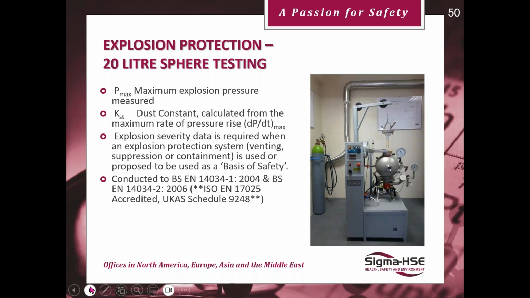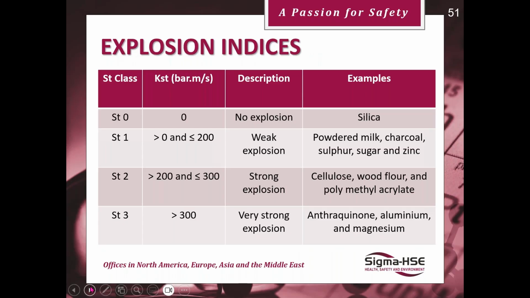The indices: ST class, or Staub class. ST 0, no explosion, silica for instance, means it's inert. ST1, 0 to 200, weak explosion, that's sugar: powdered milk, charcoal, sulfur, sugar, and zinc. ST2, a fairly strong explosion, 200 to 300: cellulose, wood flour, polymethyl acrylate.